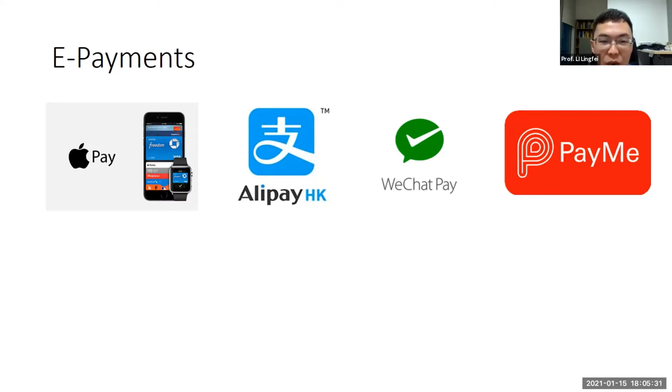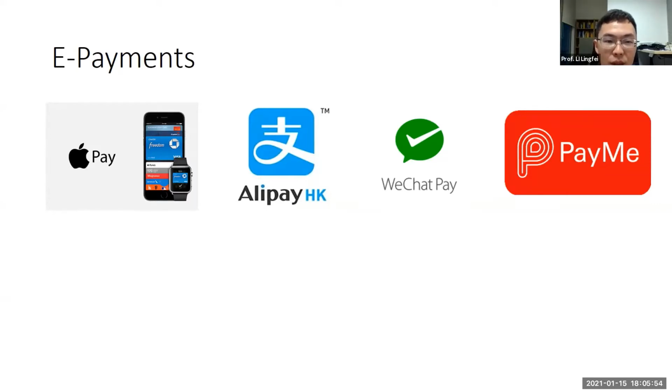And if you use Alipay Hong Kong, basically you just open the app and then there's going to be a payment QR code. The merchants can scan the payment QR code, and the money will be deducted from your account or from the credit card that is linked to your Alipay.